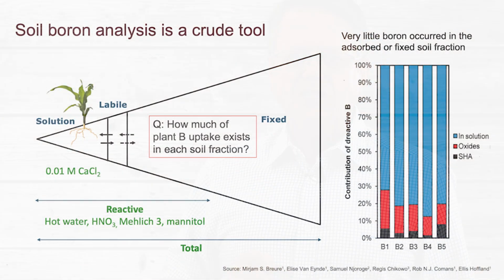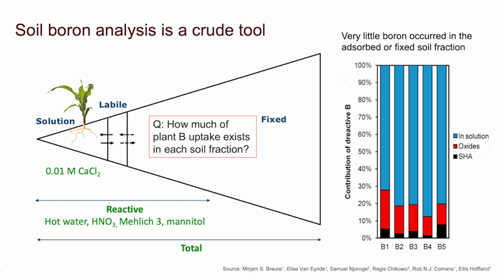This is an analysis conducted by some colleagues at Wageningen University in the Netherlands, who did a number of tests to see whether boron analysis from soil samples relates to plant tissue uptake. The first observation they made, in the figure on the right, is that depending on the soil you're dealing with, between 70 and 90% of all the boron in the environment is in the soil solution phase.